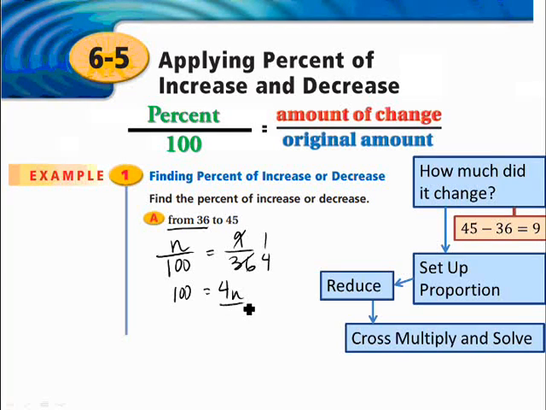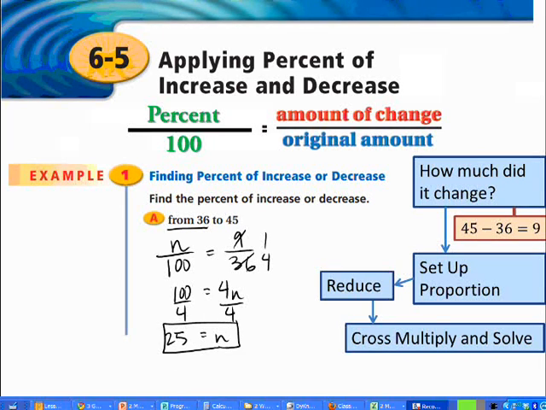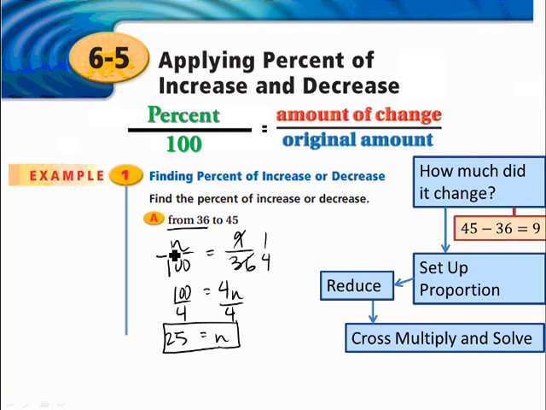We've cross multiplied and now we solve. Divide both sides by 4. 100 divided by 4 is 25, so n equals 25. And since this place in our proportion represents the percent, n really equals 25%.